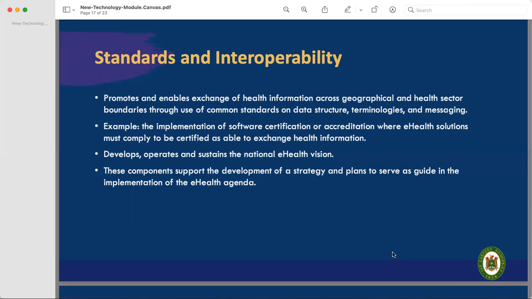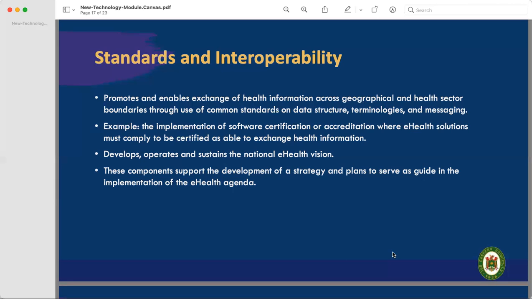Okay? So one example of standards and interoperability is the implementation of software certification or accreditation, where e-health solutions must comply to be certified as able to exchange health information. So these patient health records, electronic records, are not just developed randomly.